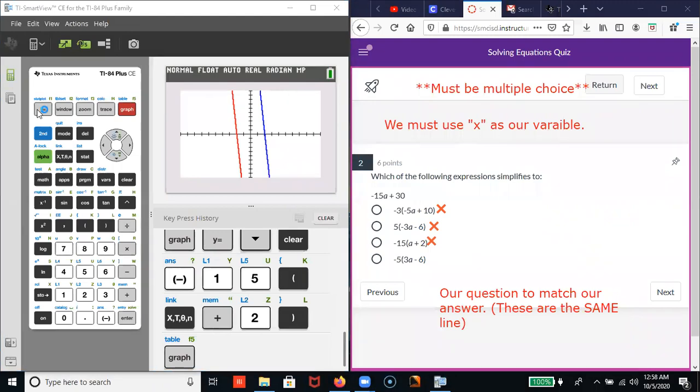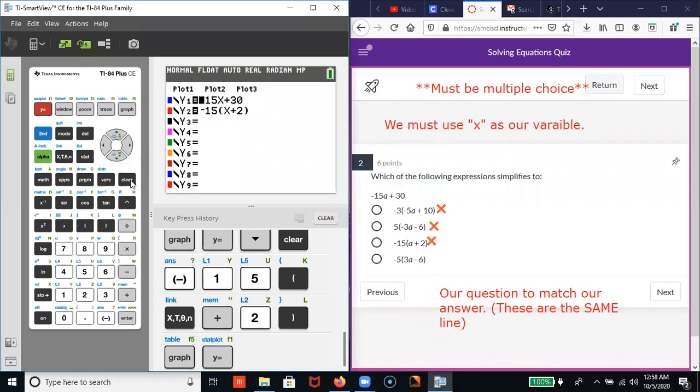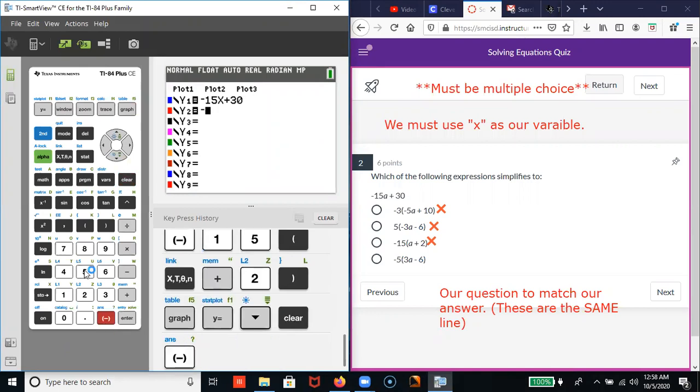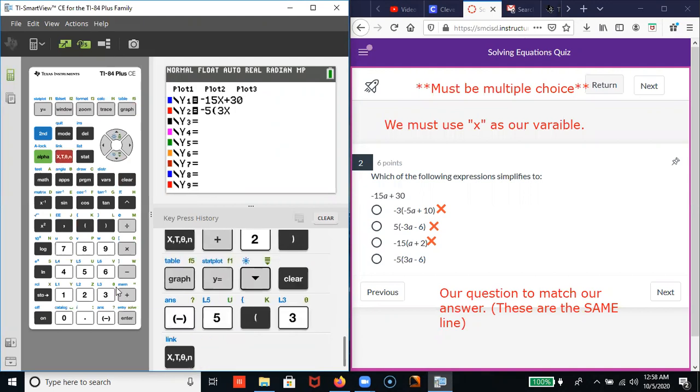So we're going to go back to y equals, press down and clear, type in our last one, negative 5, parentheses, 3x minus 6, close parentheses, graph.